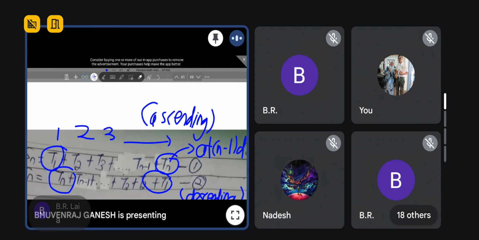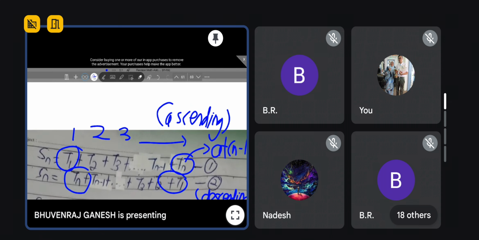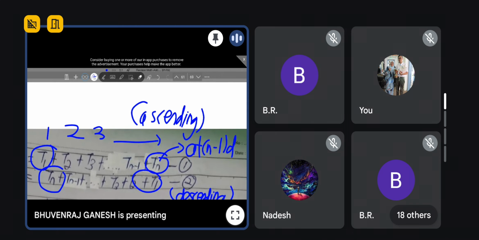How about term 2? You just need to use this formula only. You can answer. Come on guys. T2, what will you get? Yes. So you will get A plus D. Because you substitute n equals 2 in here. So you will get A plus D.